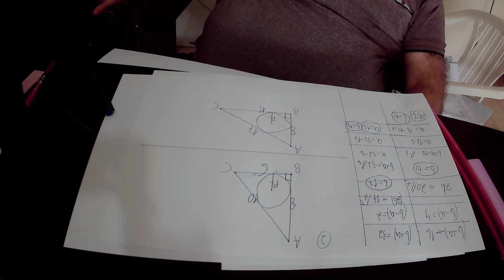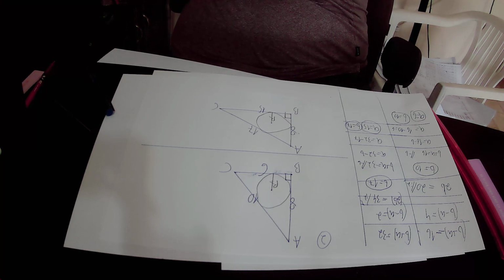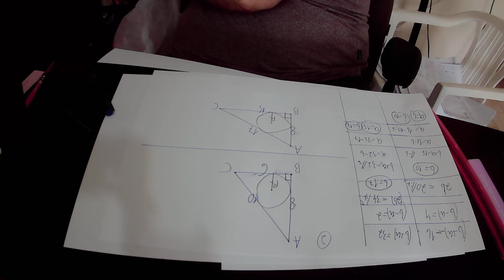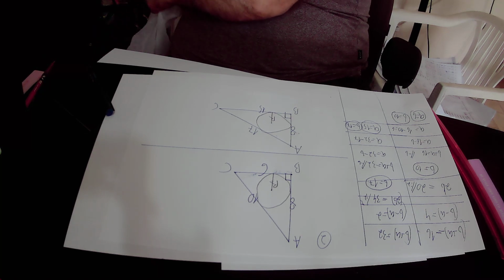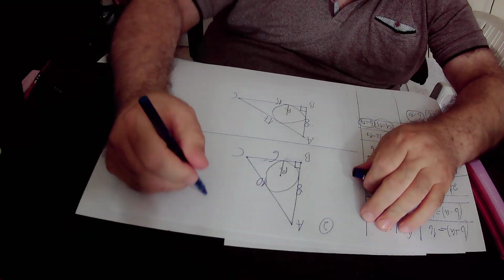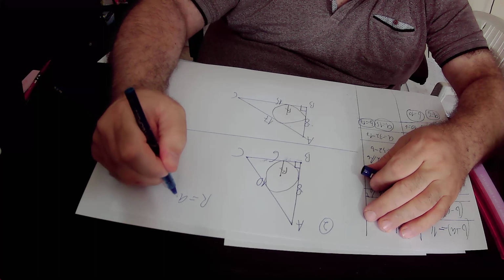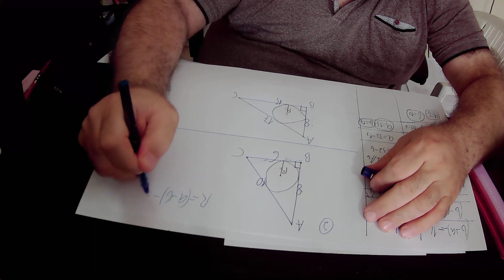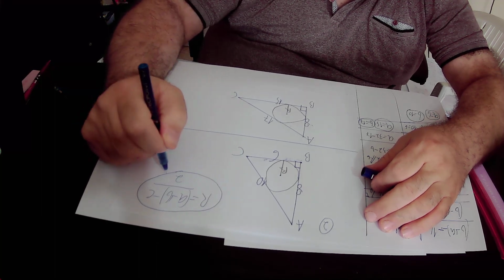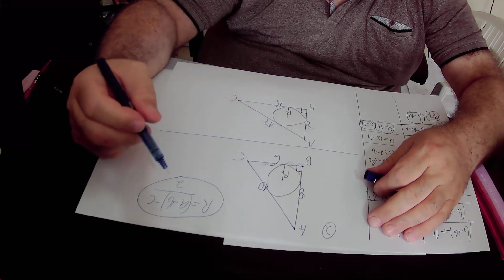Okay, so here I'll copy the new formula. According to the new formula, R equals A plus B minus C over 2. This formula is true for any right triangle, including those two right triangles.